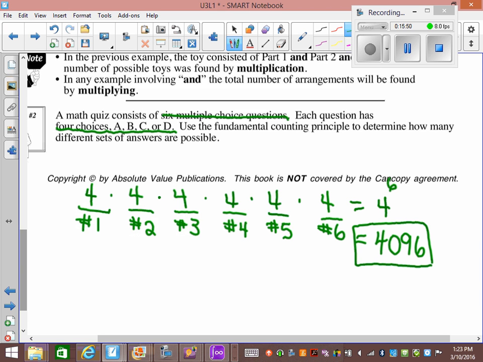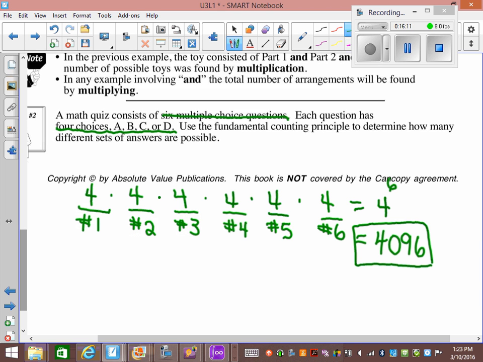Just the answer key of a 6-question ABCD test has 4,096 options. Because you could go A for the first one, then B. People have tried this. Don't try to list out all the possibilities, you guys. It's 4,096 possible. You're probably going to miss 1 or 2, or 1,000 of them.